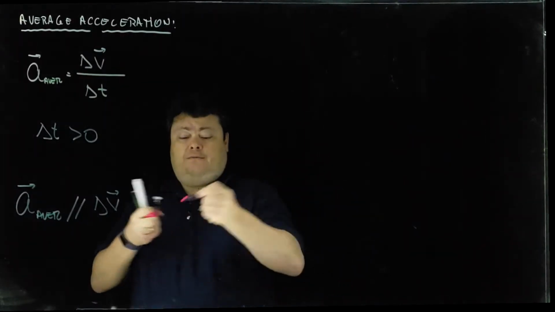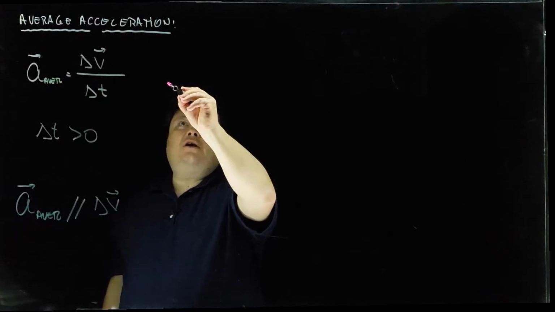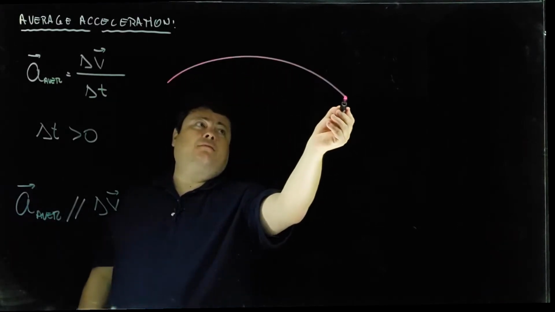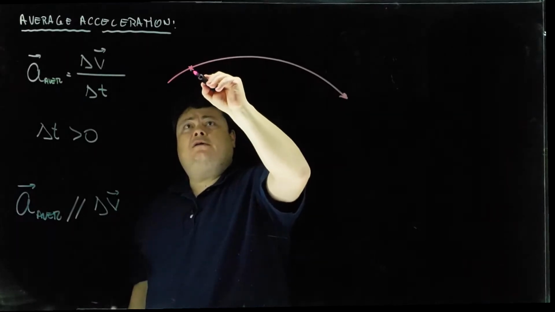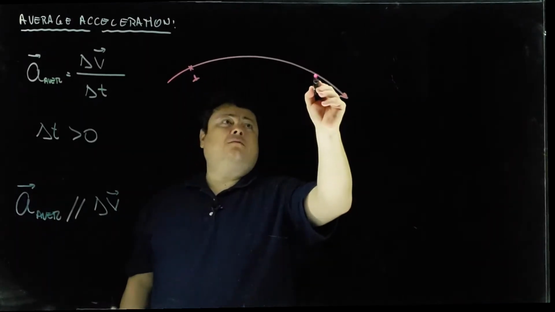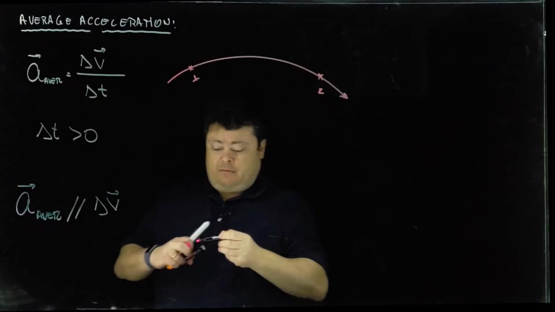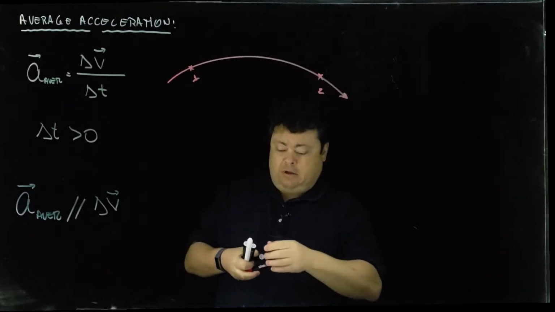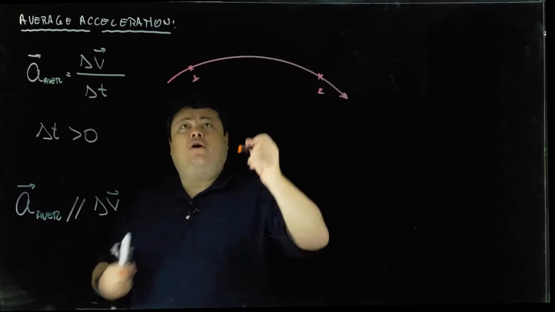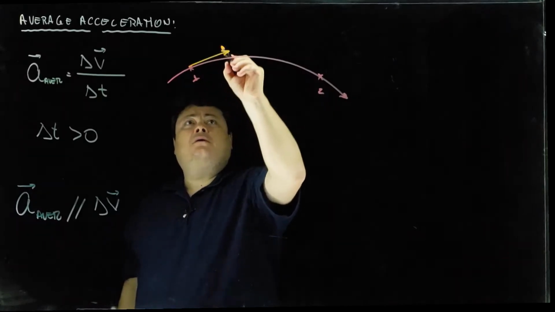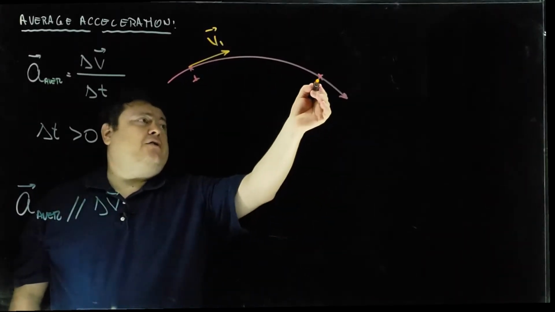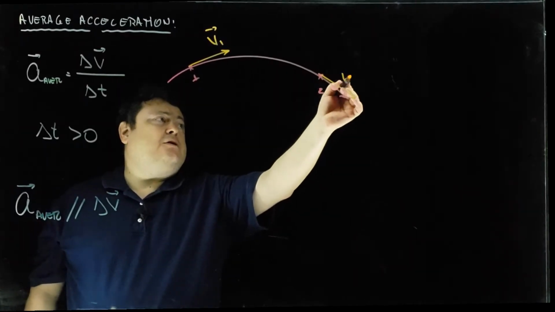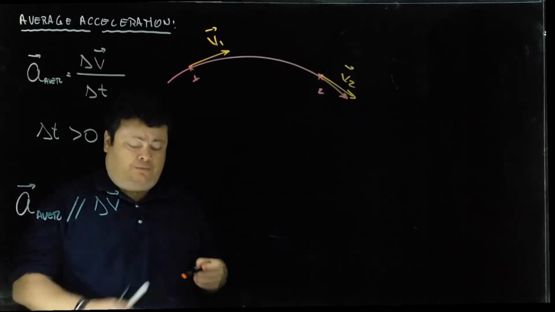So I have here now an object moving in a curved path. That's the path of the object. And this is an initial time 1 and a final time 2. The velocity of the object at time 1 is here, v1. And the velocity of the same object at time 2 is in here, v2.